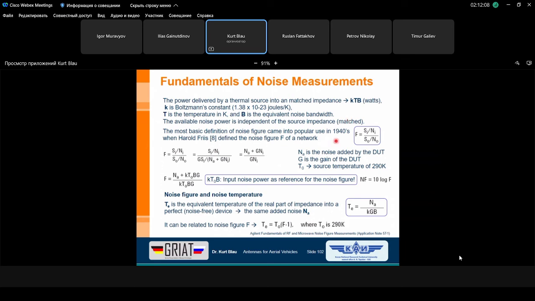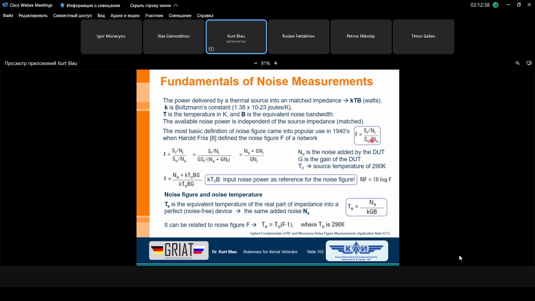And what is the base? You can see it's a relation of two relations. We have the incoming signal power divided by the existing incoming noise power.